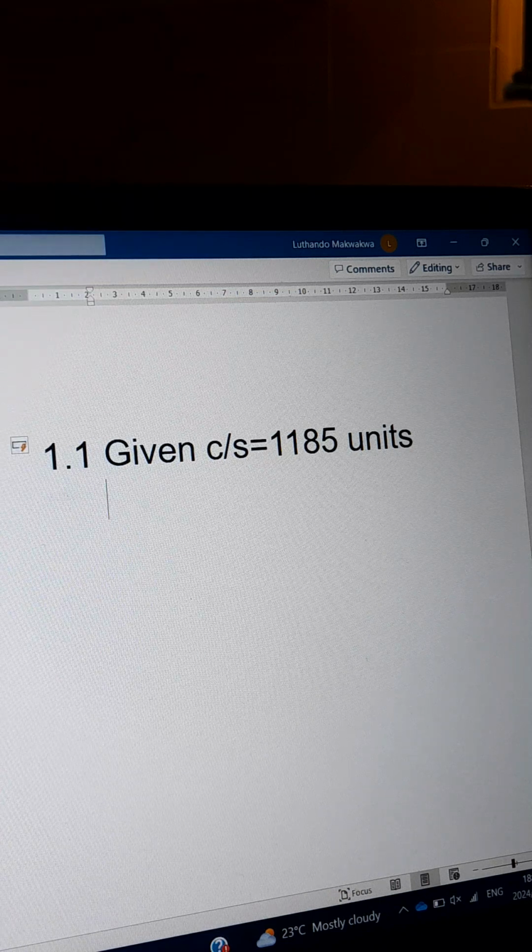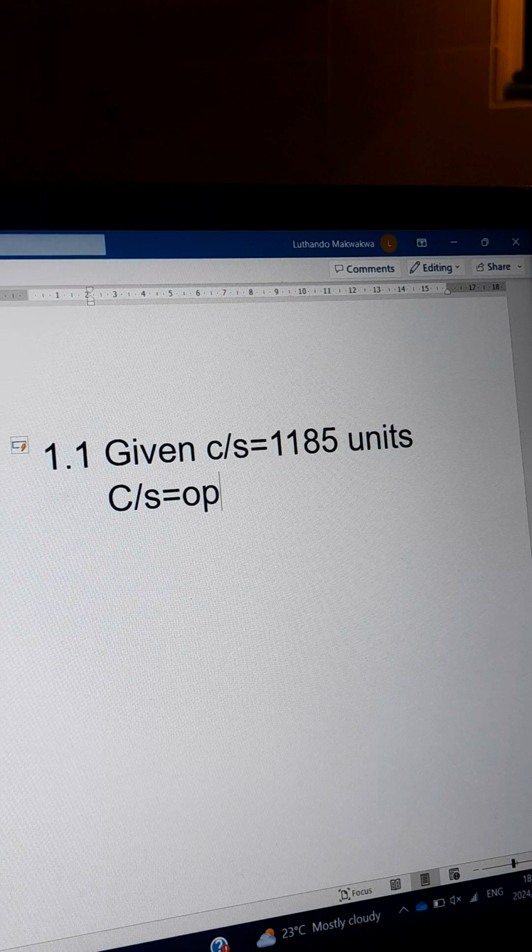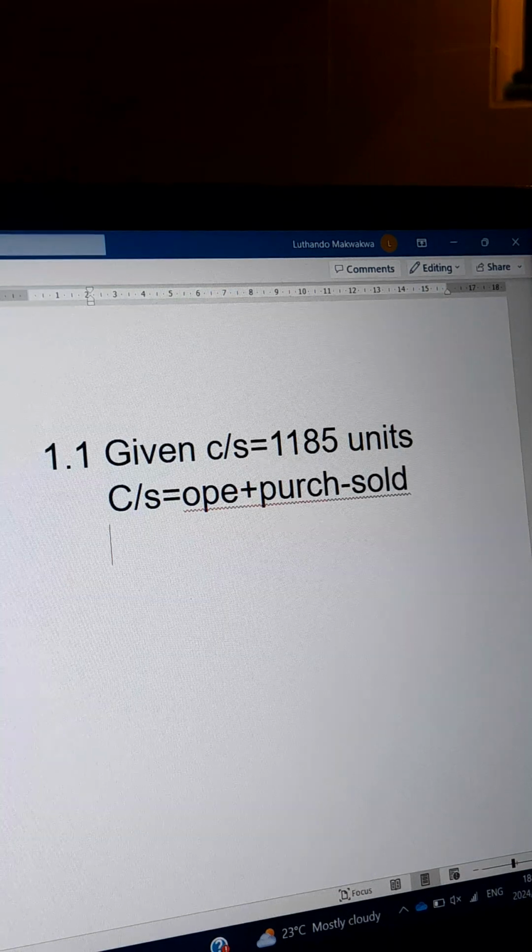After that, we will calculate our closing stock. The formula for calculating closing stock will be: closing stock is equal to opening plus purchases less sold. So we're going to say our closing, which will be X, is equal to opening.